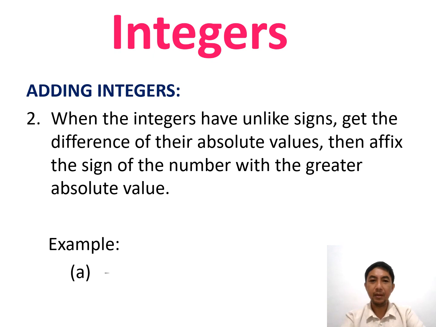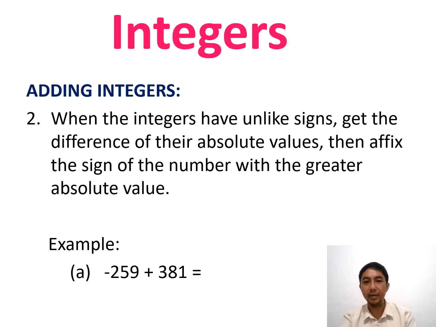For example, you are given negative 259 plus 381. In this case, the two numbers have different signs. One is negative and the other one is positive. So we expect that the two numbers will be subtracted. So 381 minus 259 will give us 122.